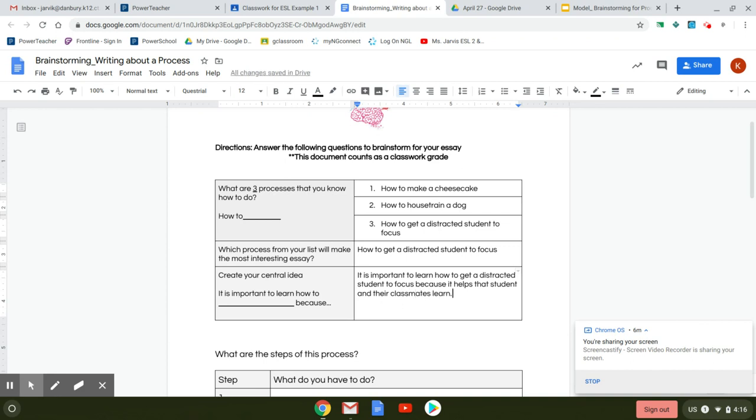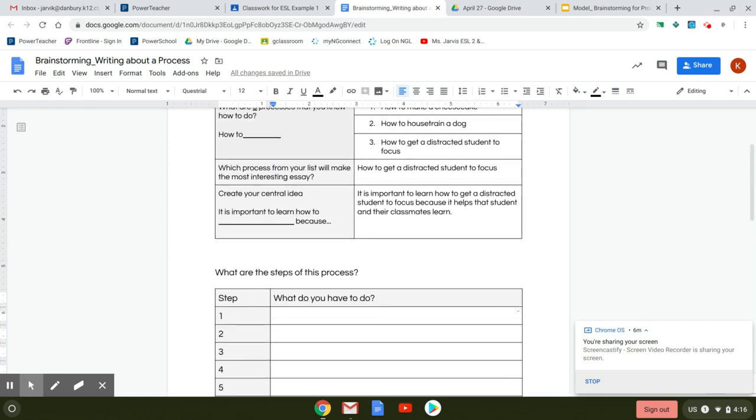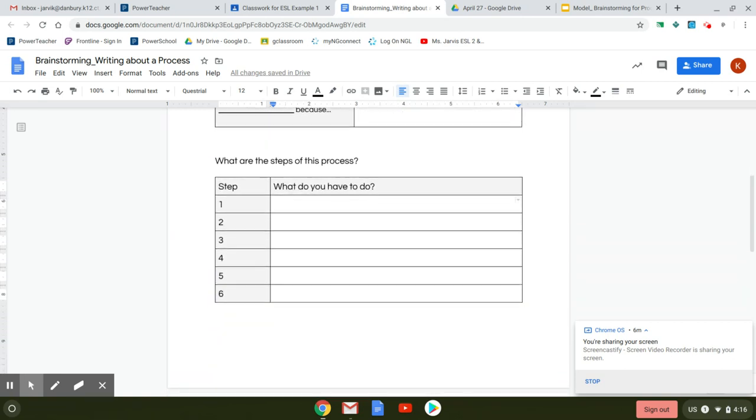That's the central idea, the main thing I'm going to be showing in this essay. The next thing I have to do is think about the process. What do I have to do to get distracted students to focus? The first thing I'm thinking is make a rule that there are no cell phones allowed. I'll explain more in my essay, but that's my first step.